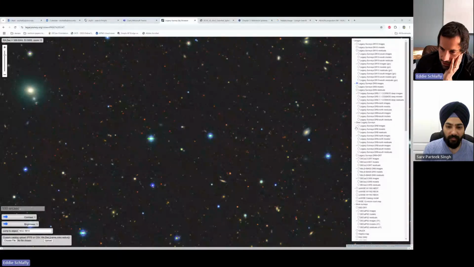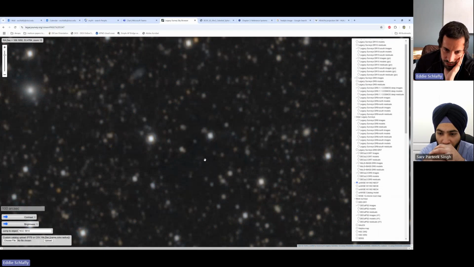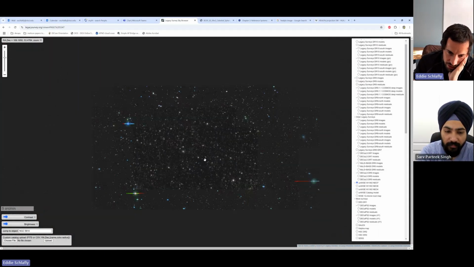For example, if you look at the sky, let me share my screen again. Many people's favorite object in the sky is the Magellanic Clouds. Where is the map of the sky I want? Let's stick with WISE. It's nice. It covers the whole sky. Many people's favorite objects in the sky are the Magellanic Clouds.